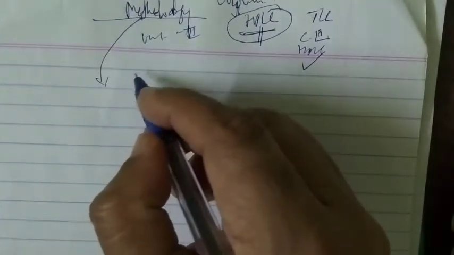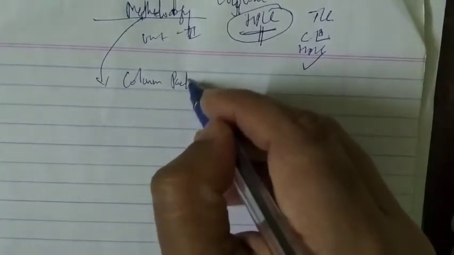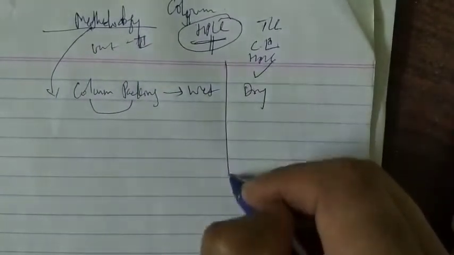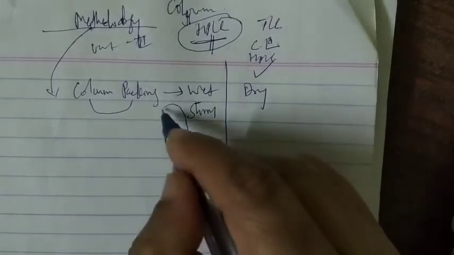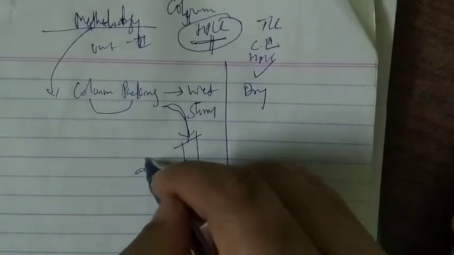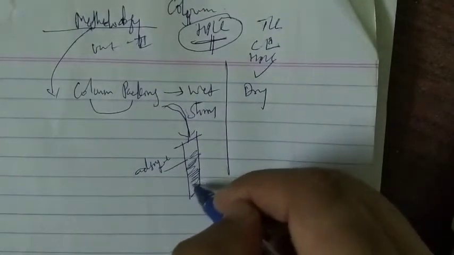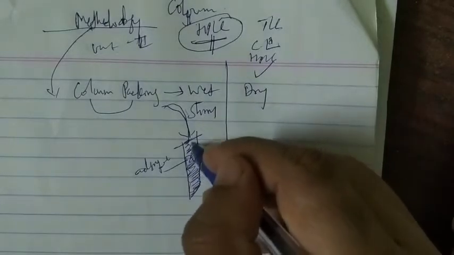In methodology, the first thing that comes is column packing. This we have already learnt in the last video, that two types are usually used, wet and dry packing. In wet packing we are making a slurry and forcing it from the top onto the adsorbent. Slowly the slurry is adsorbed and uniformly fixed to the adsorbent.